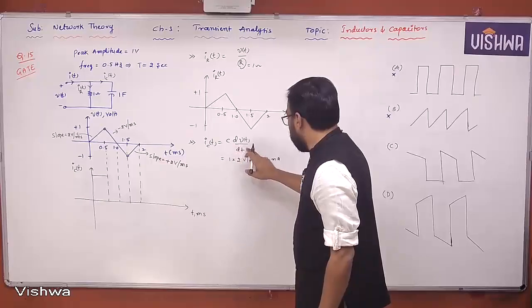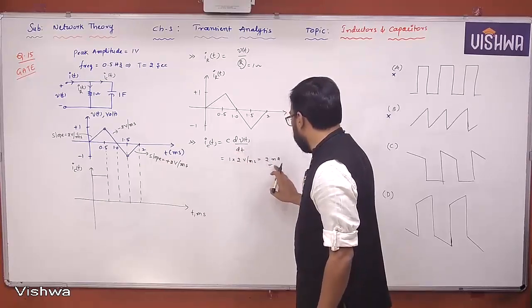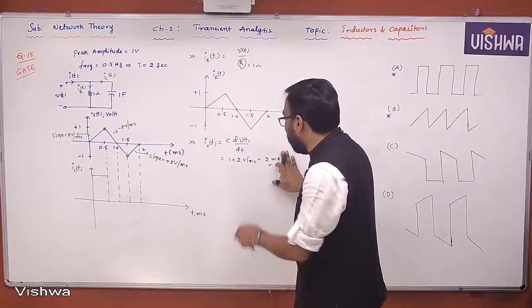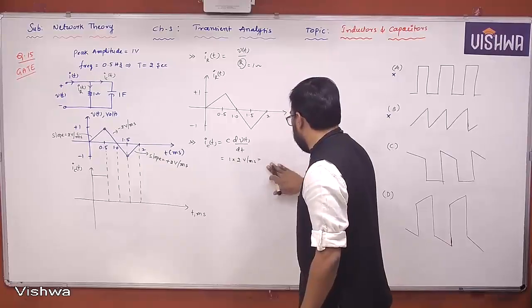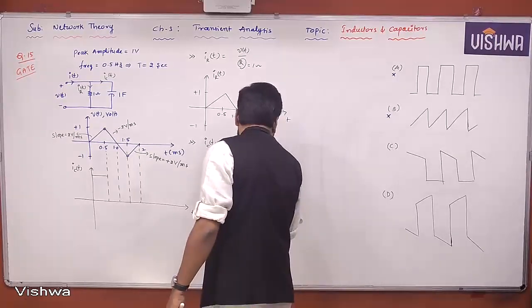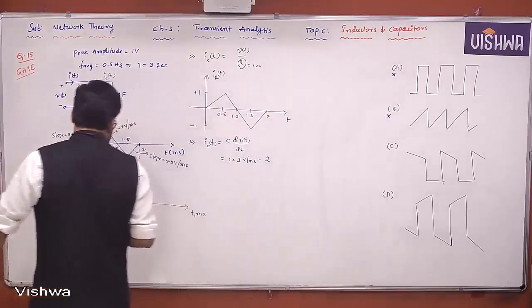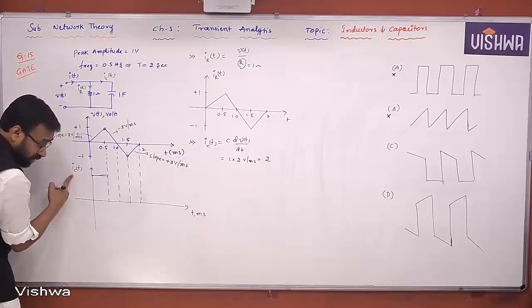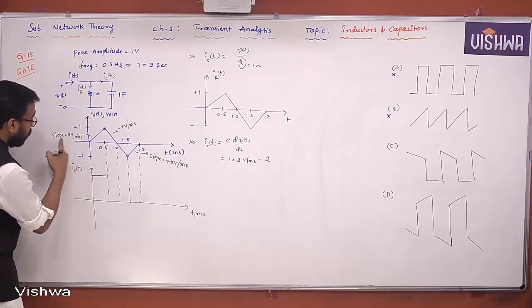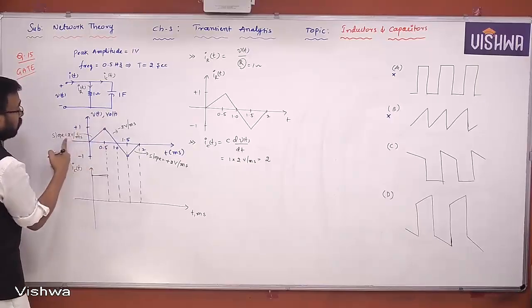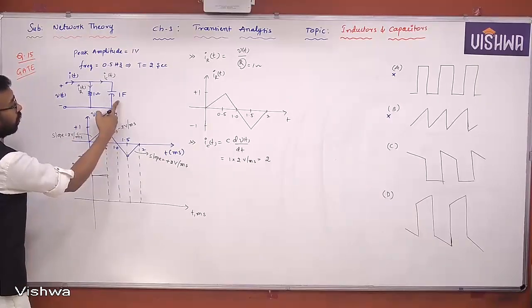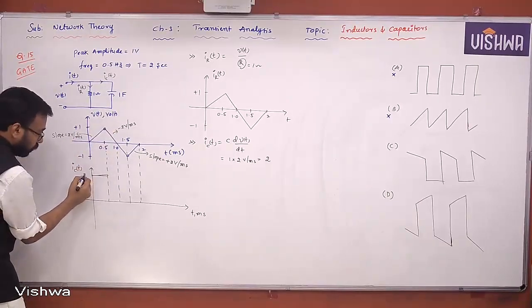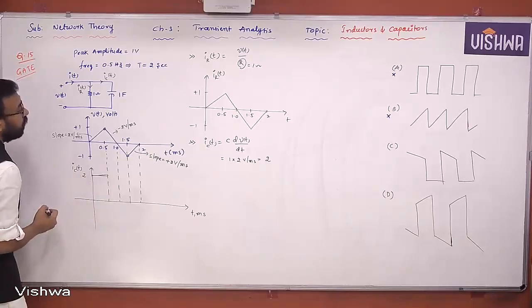You are getting not milliamperes, because milliseconds is already there. It's not milliamperes, but let's take it as a magnitude 2. We'll see that. So what do you get here? IC of t is nothing but 2 into 1 farad. This is 2. Yes or no, all of you?